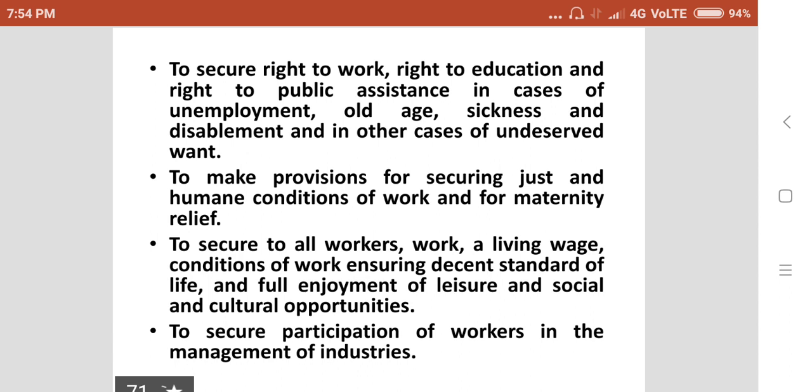to make provisions for securing just and humane conditions of work and for maternity relief, to secure to all workers a living wage, conditions of work ensuring a decent standard of life, and full enjoyment of leisure and social and cultural opportunities, to secure participation of workers in the management of industries.